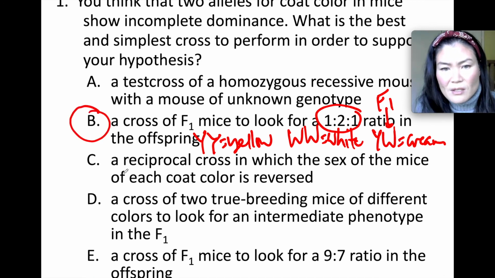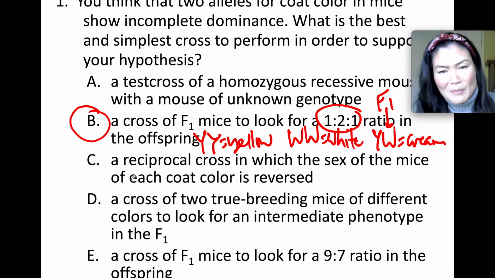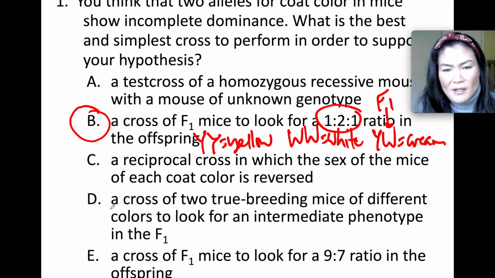Let's go ahead and look at C. A reciprocal cross in which the sex of the mice of each coat color is reversed. What? The sex of the mice of each coat color is reversed. That doesn't even make any sense to me. D: a cross of two true breeding mice of different colors, like yellow and white, to look for an intermediate phenotype in the F1.